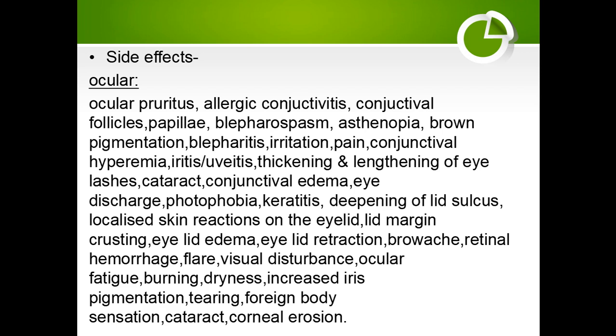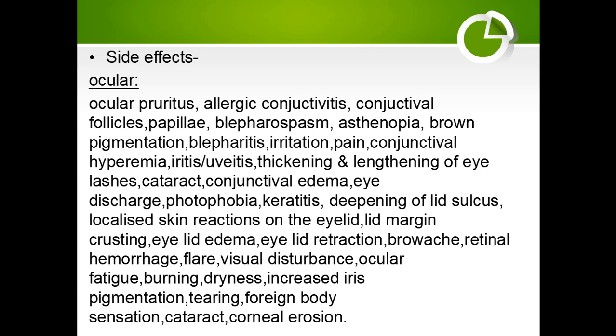Side effects: coming to ocular side effects, prostaglandin analogs can cause ocular pruritus. Pruritus is itching. Allergic conjunctivitis, conjunctival follicles, papillae, blepharospasm, that is nothing but eye twitching. Asthenopia, nothing but eye strain or fatigue.